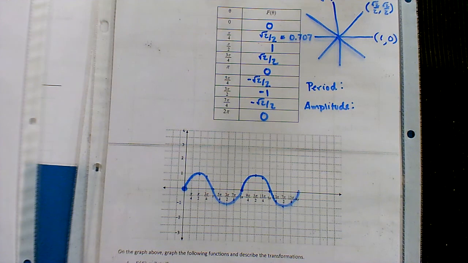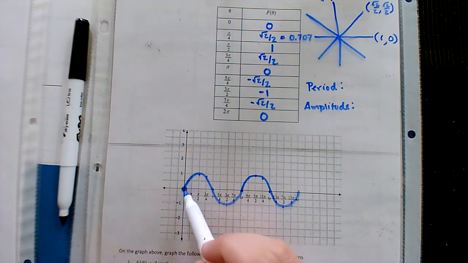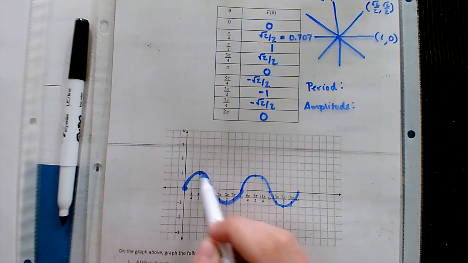All right, can we identify the period? Can you highlight a certain chunk on this graph, aka a cycle that would repeat itself? Yeah. The cycle would be one full circle. One full circle, yep. So you could highlight the very first piece that we drew in.